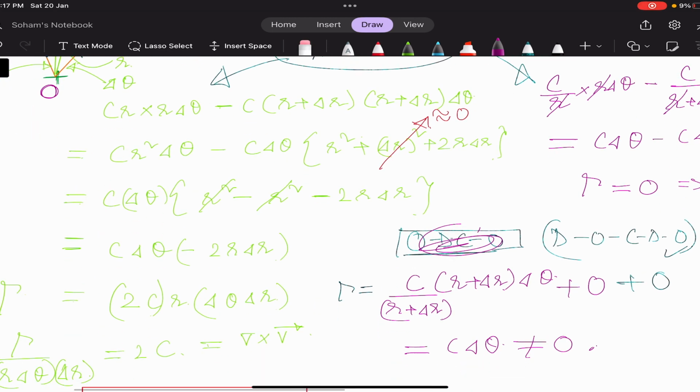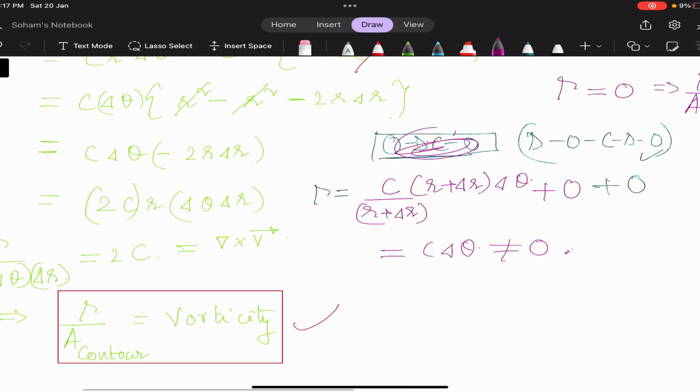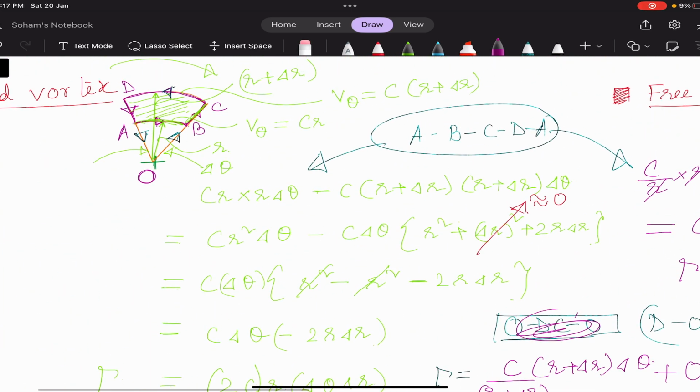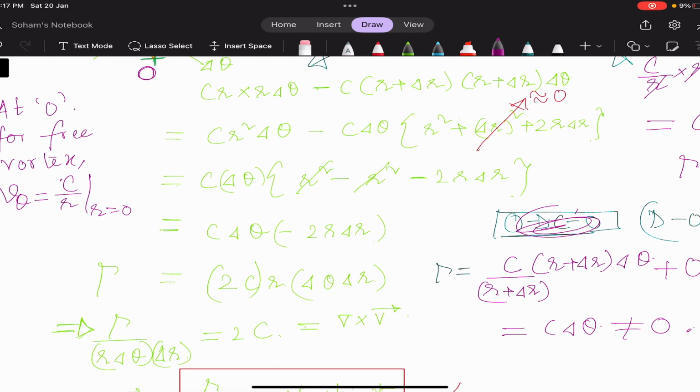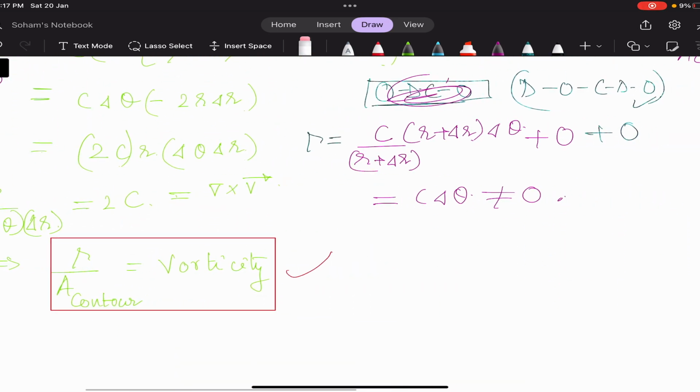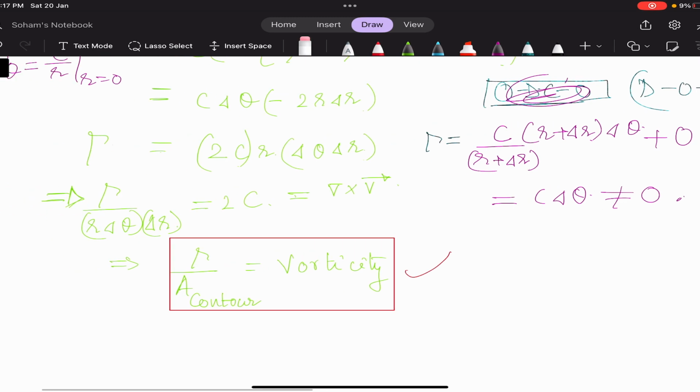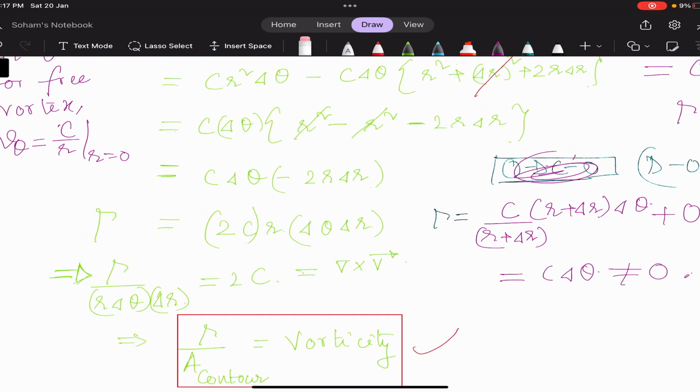The catch is at O. So at O for free vortex, velocity V theta is C by R at R equal to 0, and that is not defined. So you cannot take any point which is a singular point. Here R equal to 0 is a singular point for the free vortex.